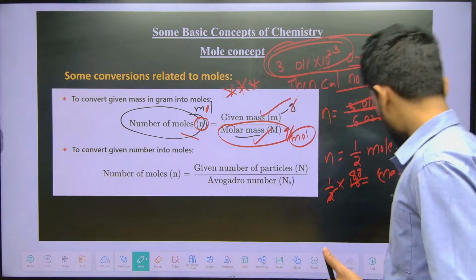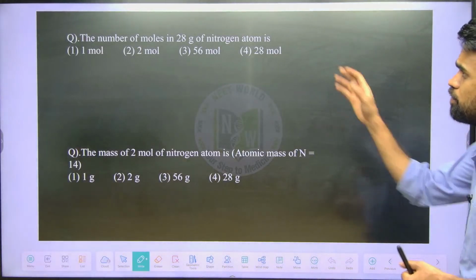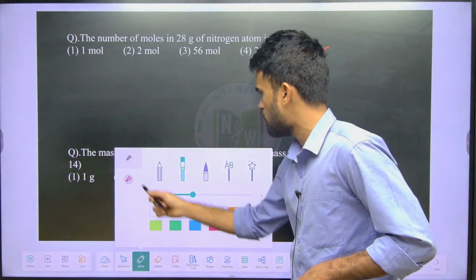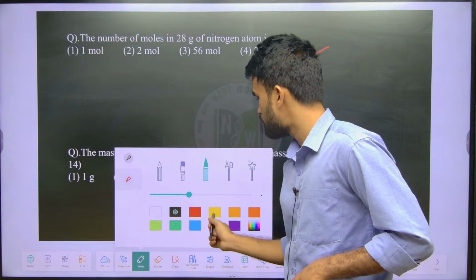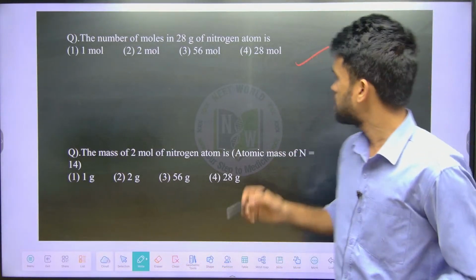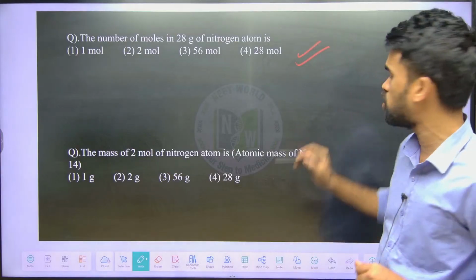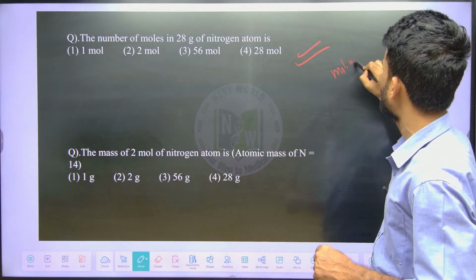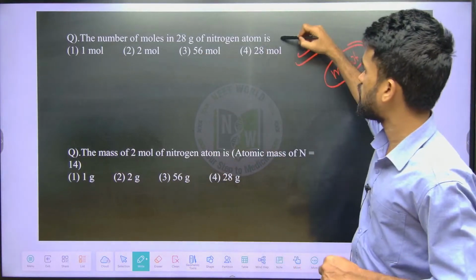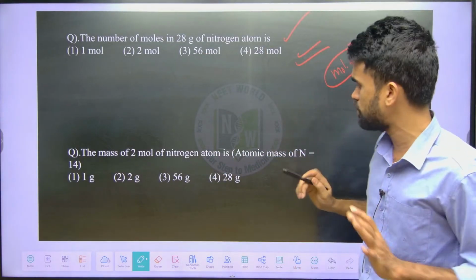Okay, right. Next, a few questions are here. You can try all these questions. The answers for all of them were given in the previous session, the day before yesterday's session, so you can check. When I was discussing molecular weights and atomic weights, I explained number of moles, and these questions were also discussed there.